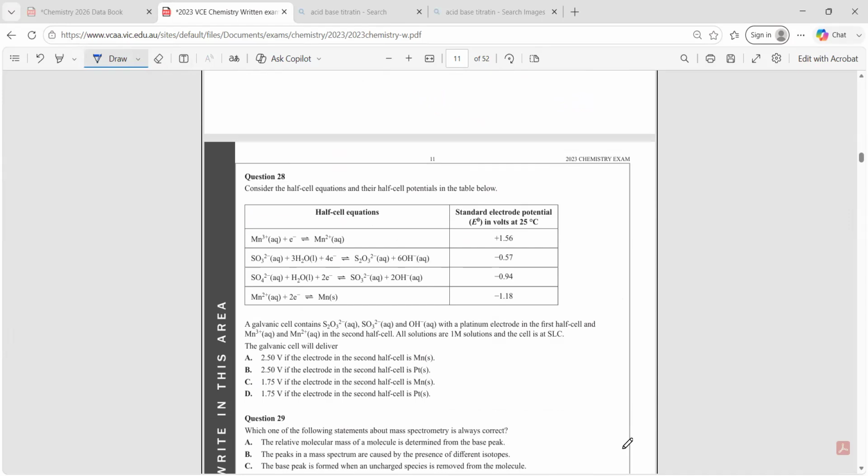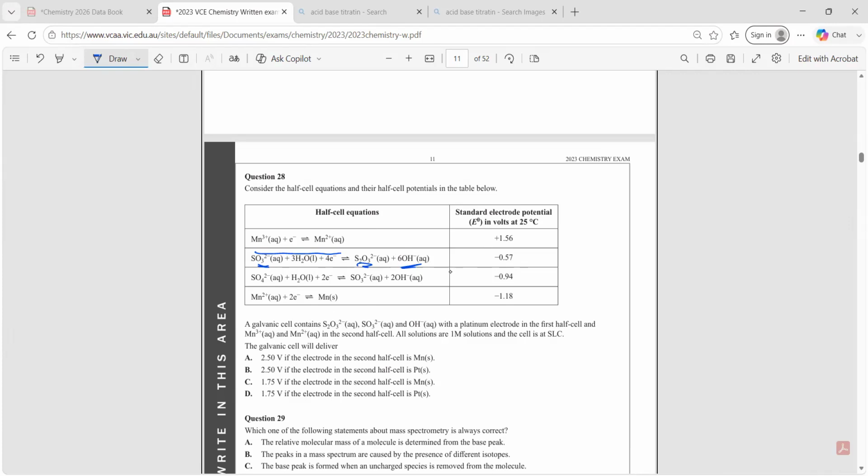Galvanic cell, okay. So that's in one half cell. And then S2O3, SO3, and OH is in the other.